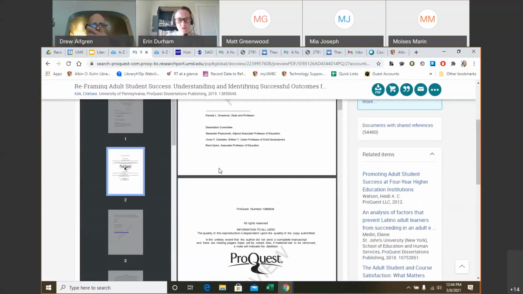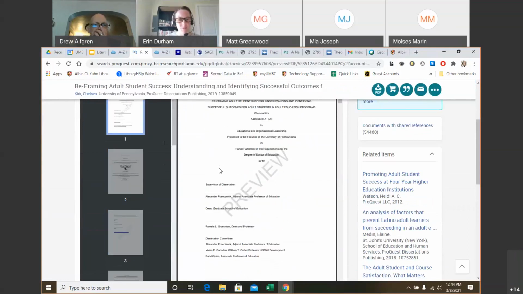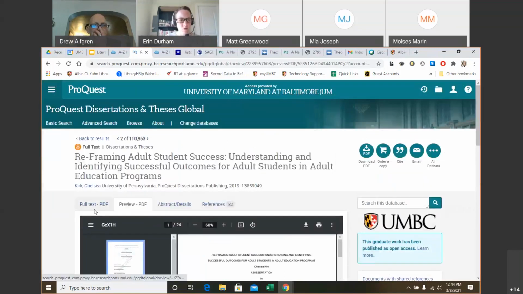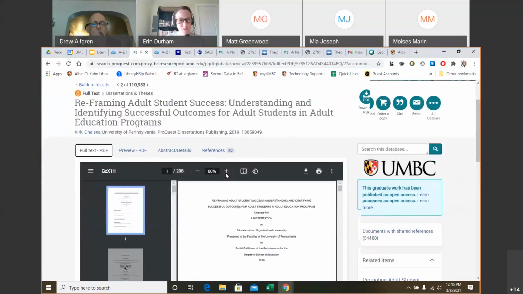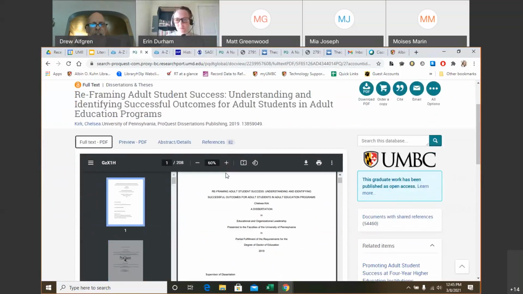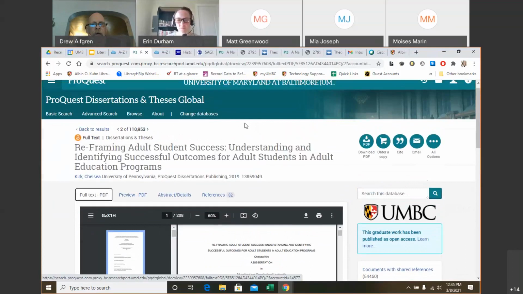I thought this one was not full text, but it is. So you do have the full text. Occasionally, you will find dissertations where the full text has not been added because the author has asked that it not be included, or it isn't included until 2028 or whatever.